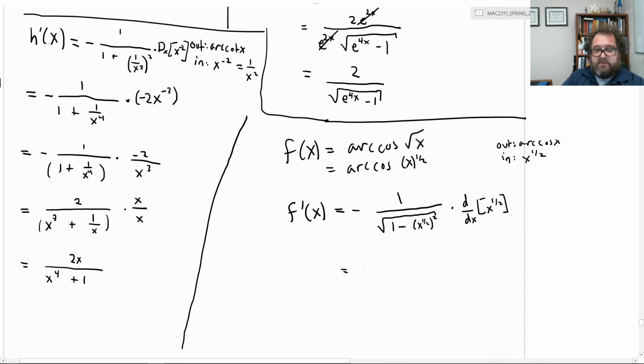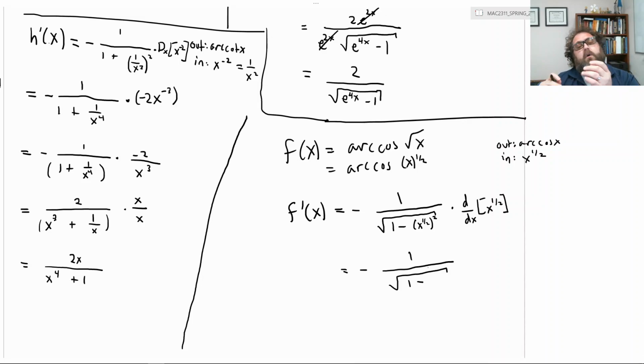So equals negative 1 over radical 1 minus, okay, do be careful here because you can get in trouble sometimes with these x squareds and 1/2s and stuff like that. But remember, if you have x to the 1/2 squared, that can reduce just to 1 minus x. Why? Because we know that the square root of x is some positive number.